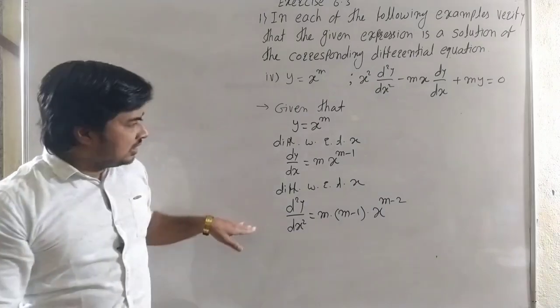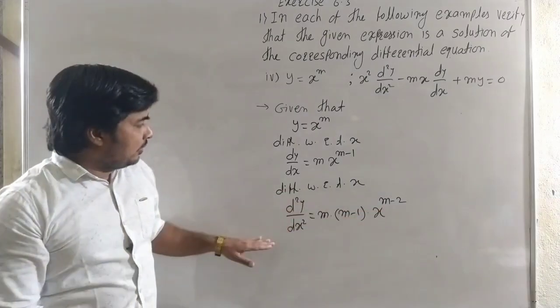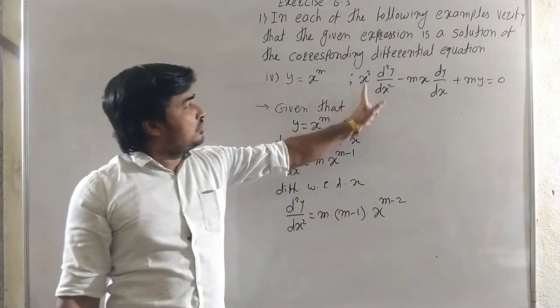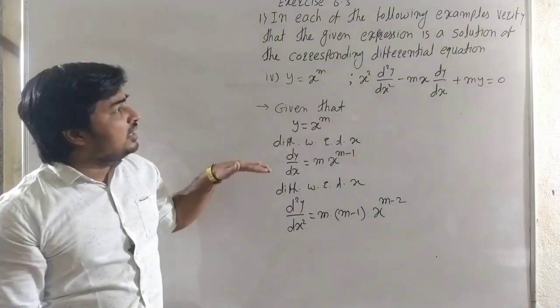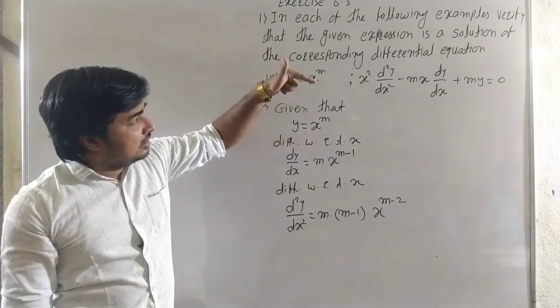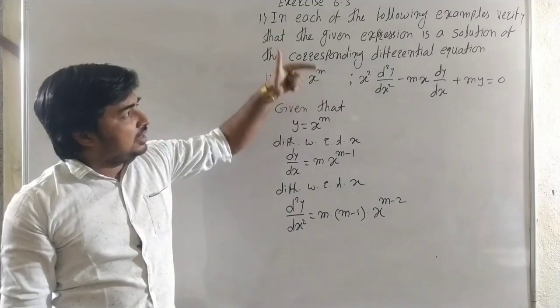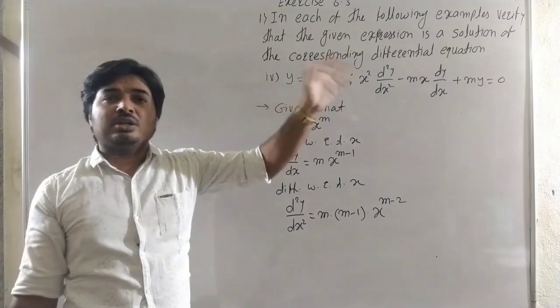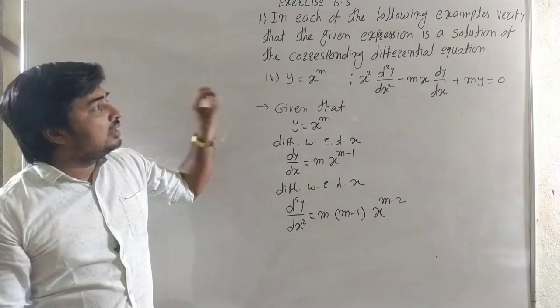Here it is a second order derivative. Now we want to find this relation, x square d2y by dx2 minus mx dy by dx plus my is equal to 0.